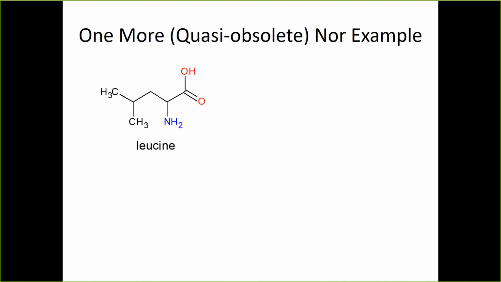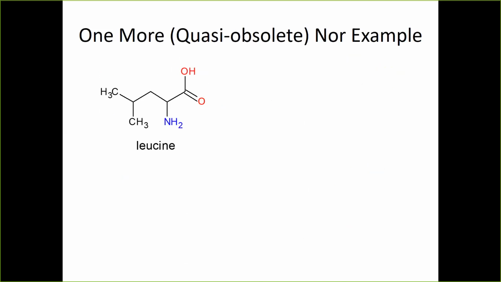Here's one more example that is kind of quasi-obsolete, and I'm putting this here not only because it provides a good example of a common name, but also because it emphasizes the fact that sometimes this common nomenclature can really be tricky. So I already told you before, when we were talking about the different types of butyl substituents and groups, that nor can also be short for normal. And that's the case here.